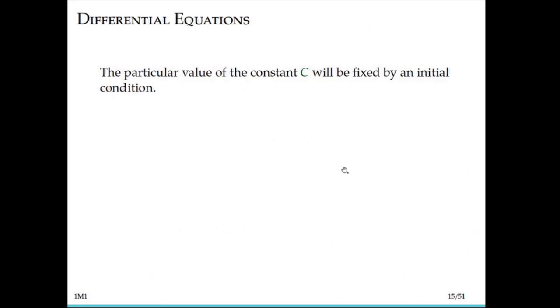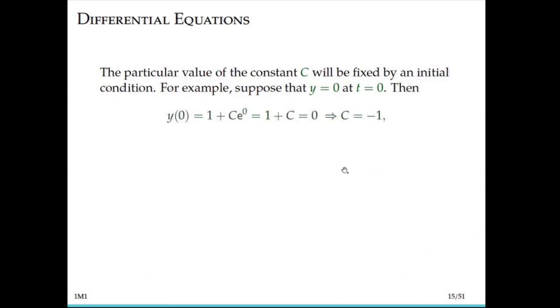This arbitrary constant will be fixed by an initial condition. So, for example, suppose that y equals 0 at t equals 0, y of 0 equals 0. Then you could solve for the arbitrary constant using this condition that y at 0 equals 0.